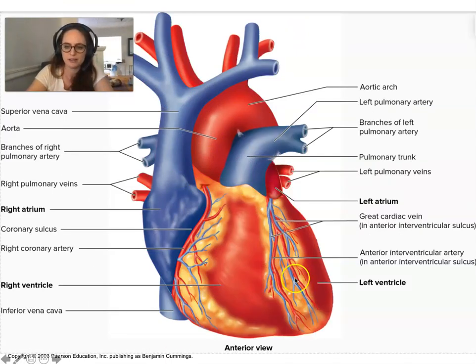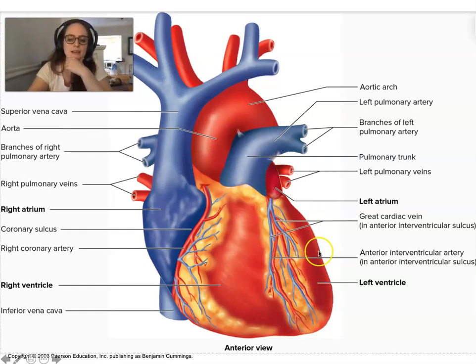These vessels right here hang out inside of a structure known as the interventricular sulcus. So we can translate that to be the sulcus, which is a divot, an invagination. The sulcus between 2 ventricles. So the ventricles are going to be on either side of the sulcus where all of these blood vessels are running.